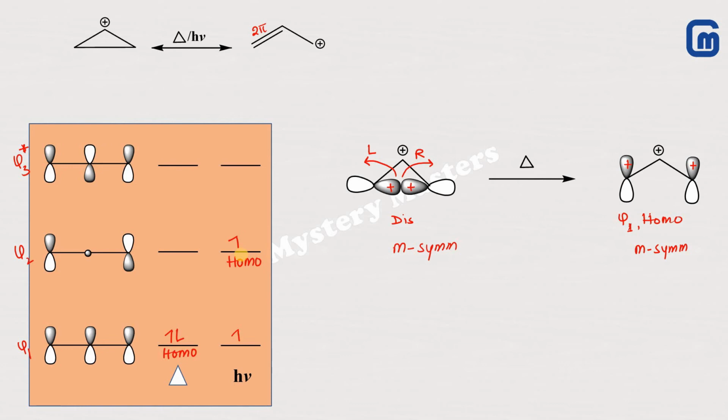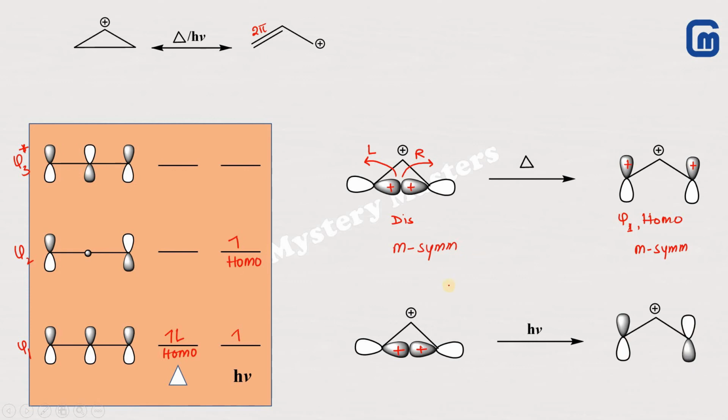Now if you are going to open the orbital, after the opening the symmetry should be like our psi2 orbital, because that is our HOMO. So if I show it here, I have shown this particular open structure where the two lobes are in opposite directions, and it resembles the psi2 orbital of the allyl cation. So I have to get this type of arrangement.